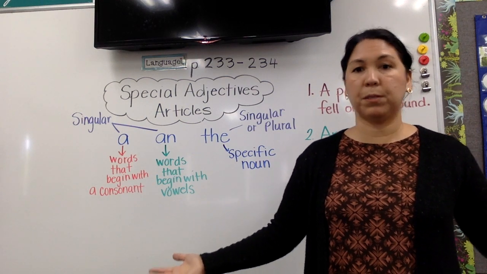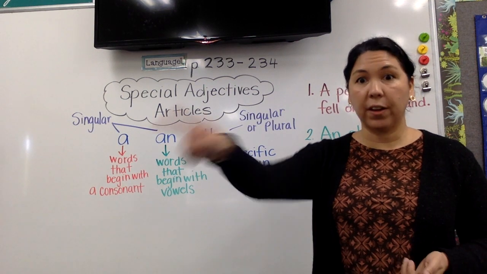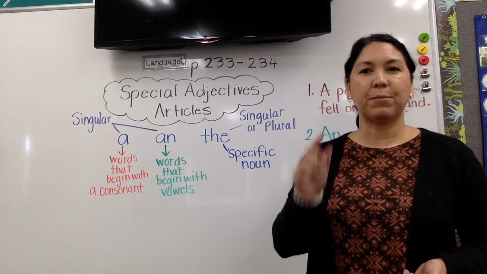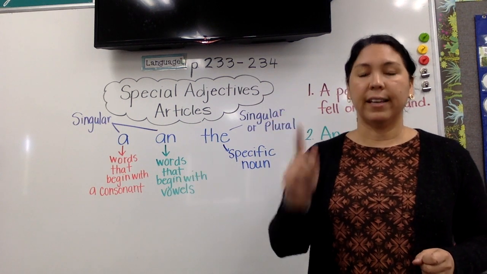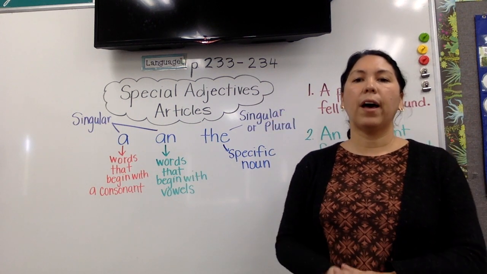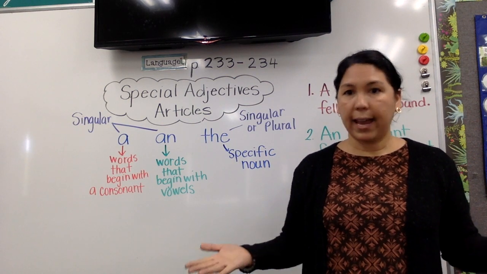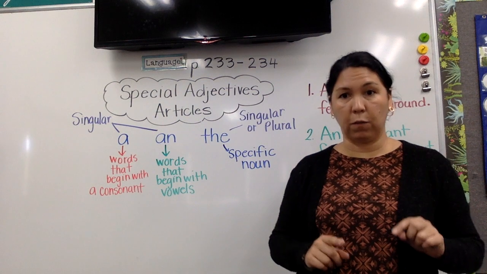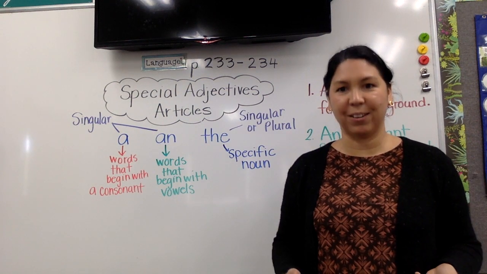It's not a specific dog. But if I said, oh, I saw the dog across the street, that means I'm talking about a certain dog. Maybe someone lost a dog. Oh, I saw the dog. It's that specific one. So the is referring to a specific noun. A and an could be any noun, and then you have to be careful with the first letter. The, it's nice. It doesn't matter what the letter starts with.